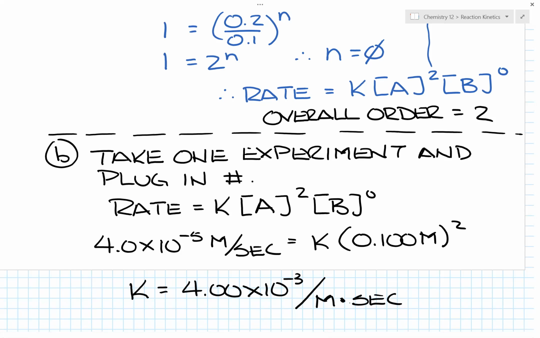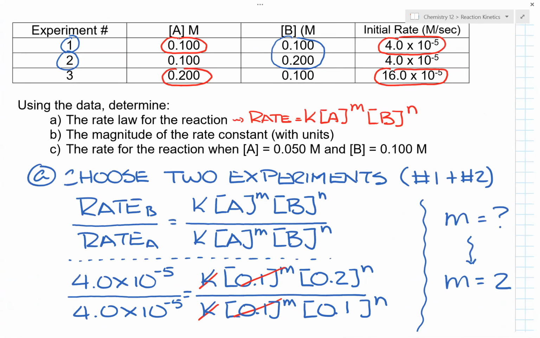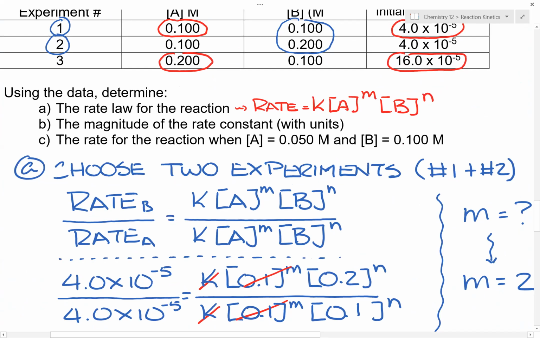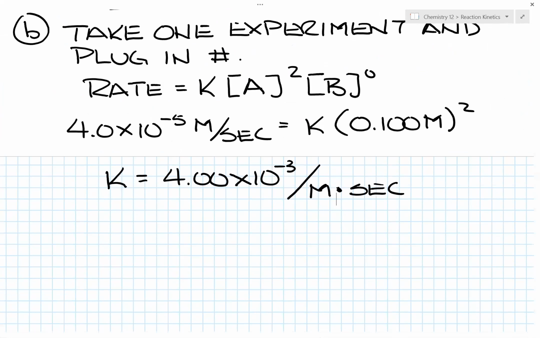Okay. And then the last one would be to calculate the rate of the reaction when A is equal to 0.05 and B is equal to 0.1. So for C, how would we answer this question?